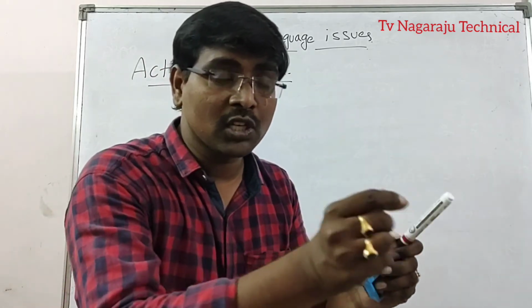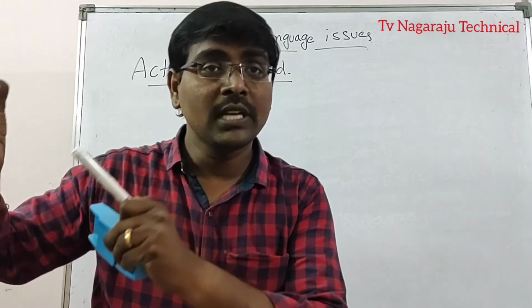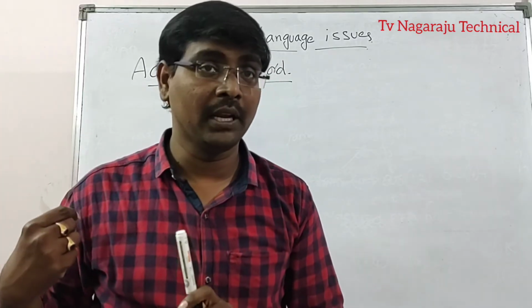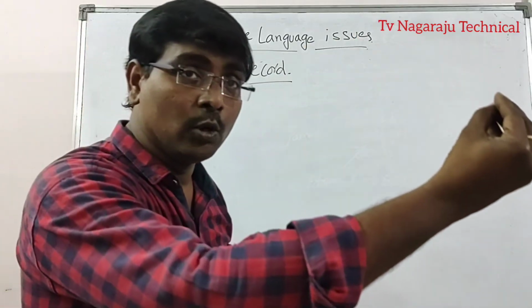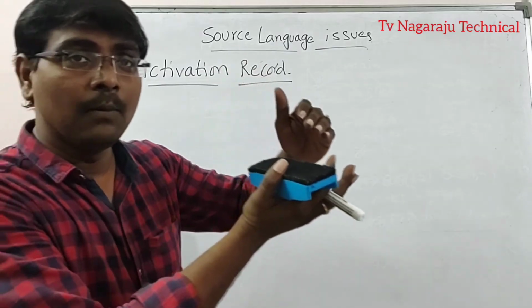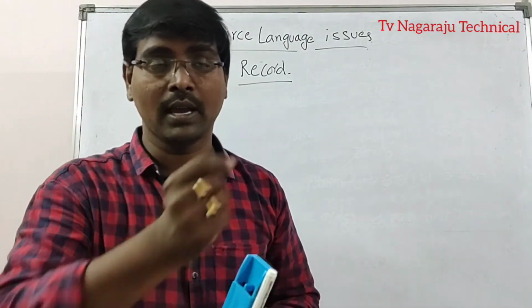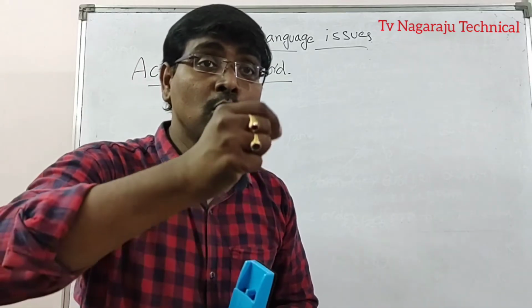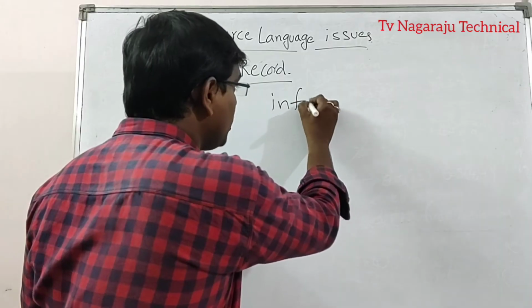The control stack keeps track of the procedures whose execution is not completed. The procedure name is pushed into the stack whenever we call the procedure, and after completion the procedure is popped out from the stack. Yes or no? Yes.